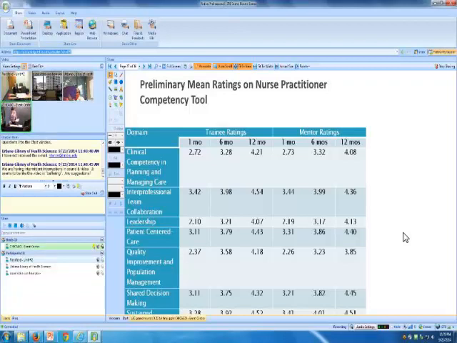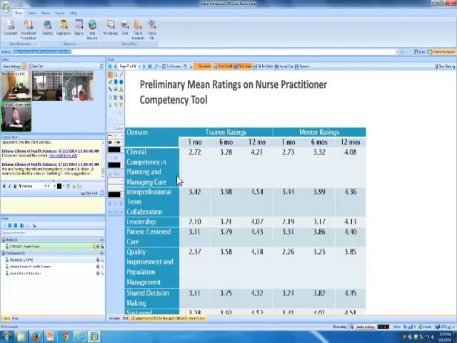This is just some preliminary data, it's cut off at the bottom there, just some averages in the aggregate of all of the trainees from the first 2 academic years. We have several domains where they do a self-evaluation, and then their preceptor mentor also does an evaluation of them.